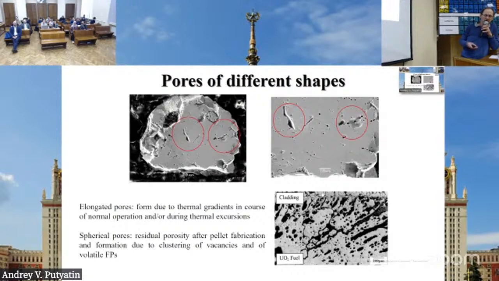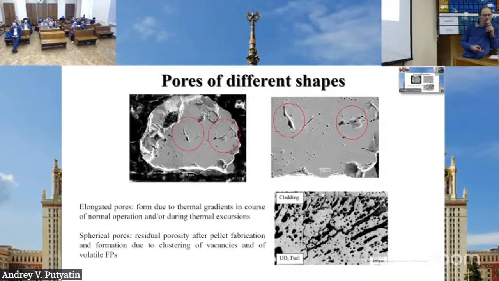And these elongated pores form either due to the thermal gradient, which prevails in operating fuel, or they may also form during thermal excursions. So when you rapidly increase the power of the reactor, the gradient is very high. It can happen during both accidents and some quasi-normal operations.